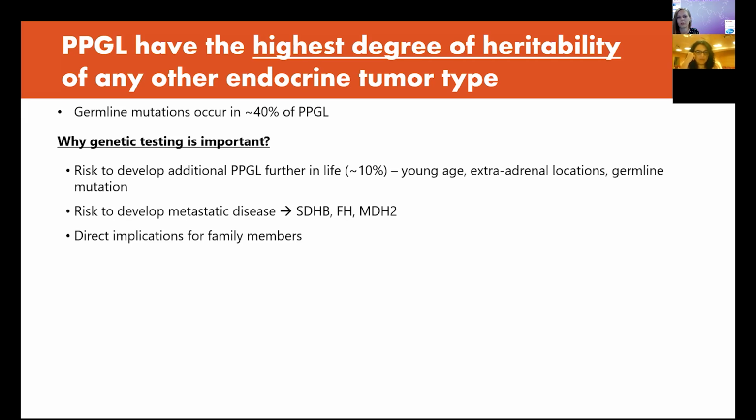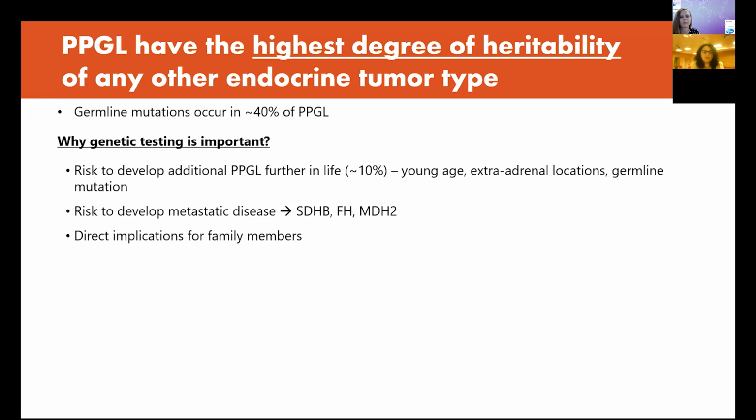And also if the germline mutation is known. The risk of metastatic disease is also increased in several genes that we know, and they are SDHB, FH, and MDH2.